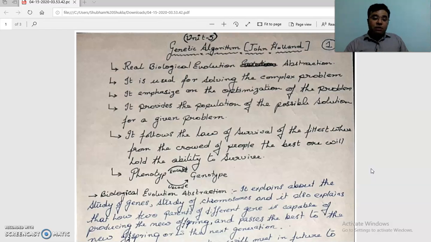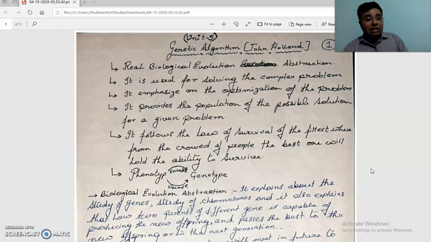So here we use genetic algorithm to optimize these sorts of problems, where we have a huge search space or population space, and in that given population we need to figure out the best solution.